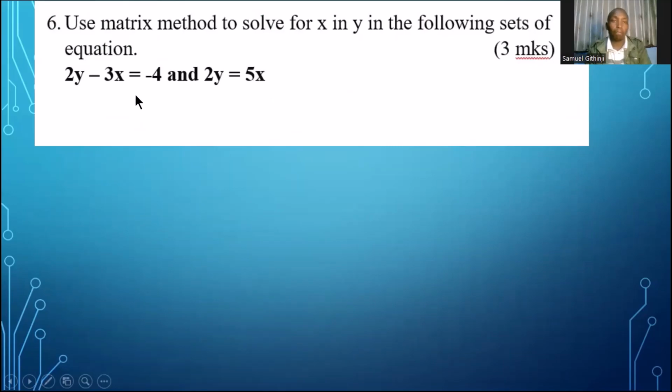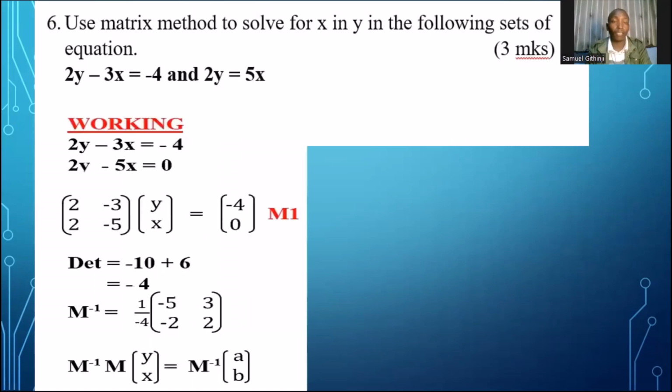If you look at these equations, they are not in a way that you're used to. You need to do some rearrangement, such that the y's appear first, then the x, and then the constants on the right hand side.